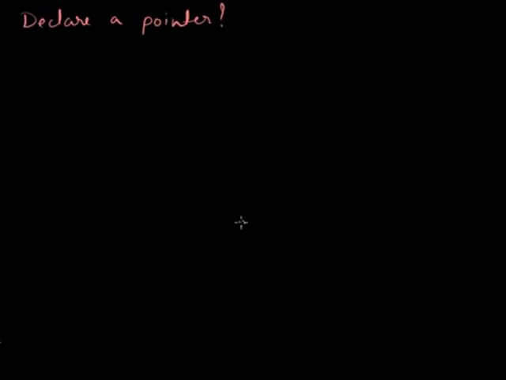Now the question is, how do you declare a pointer? Let me write all the declarations of pointers: int star x, char star y, float star z. Okay, now let's review this. Int star x means that x is nothing but a pointer.